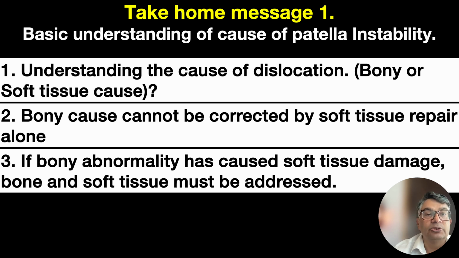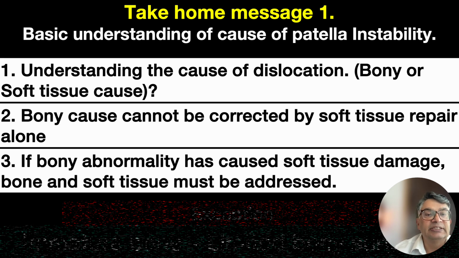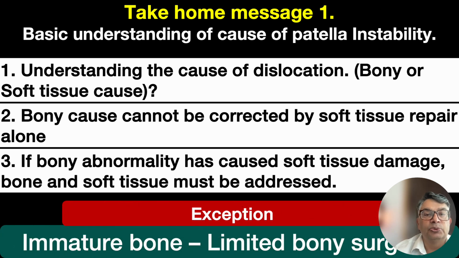Understanding the cause of dislocation, whether it is bony or soft tissue, is very, very important. A bony cause cannot be corrected by soft tissue repair alone, and if bony anomalies have caused soft tissue damage, bone and soft tissue both must be addressed. The only exception is immature bone, in which we have limited bony surgical options.